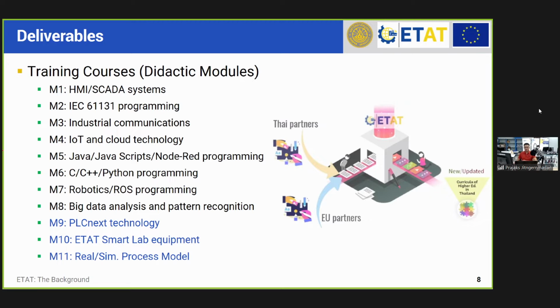Modules 9 to 11 are the compulsory modules that we have the materials and knowledge for from our partners, and M1, M2, M8 we have to develop with the help of our European friends. So the range is from the HMI SCADA system or the IEC 61131 programming until the big data analysis.